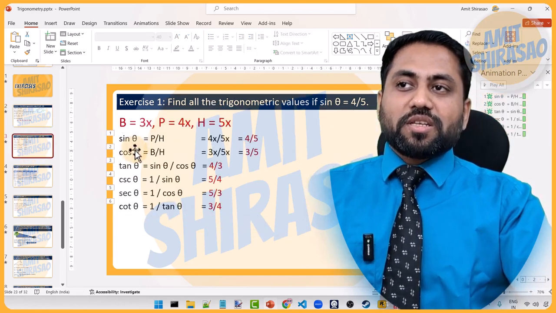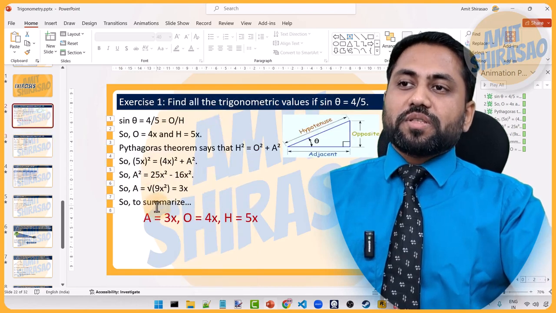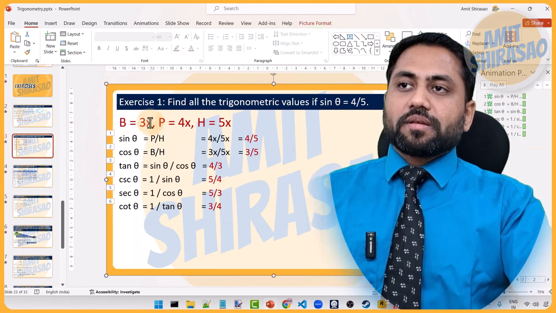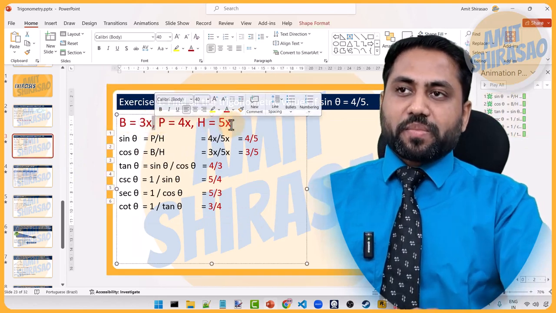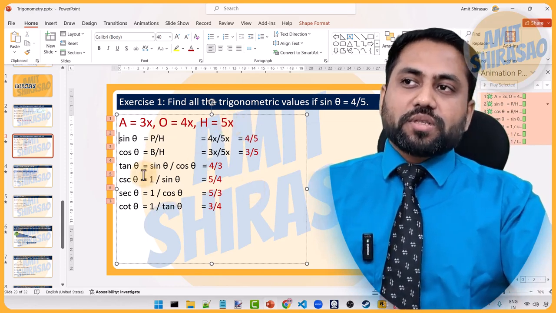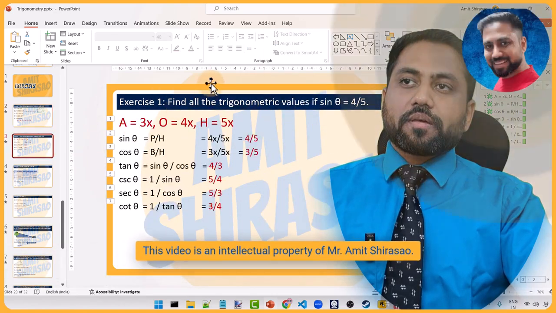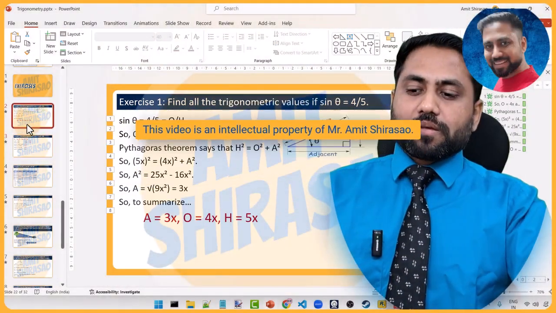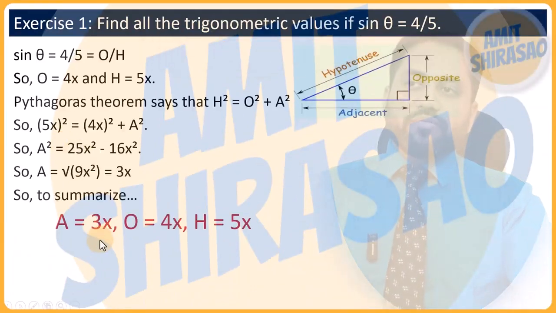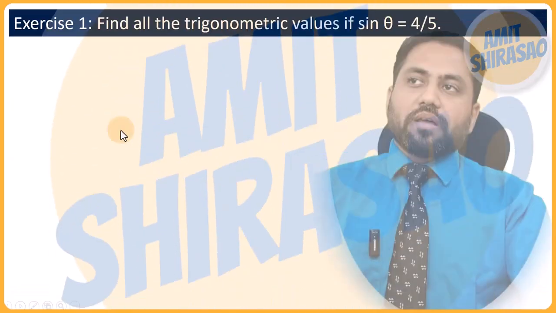Now let's take the same values over here. Again, I'll just copy the same values and put those values here. Got the idea? Now for these values, it is very easy to find out. So what did we do? We found out what the adjacent is, what the opposite is, and what the hypotenuse is.